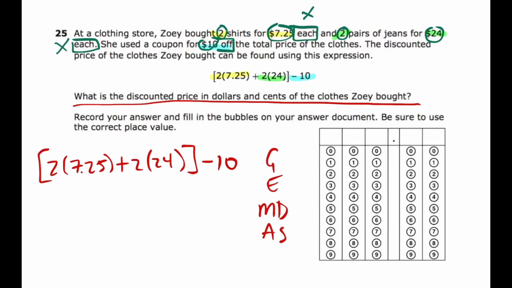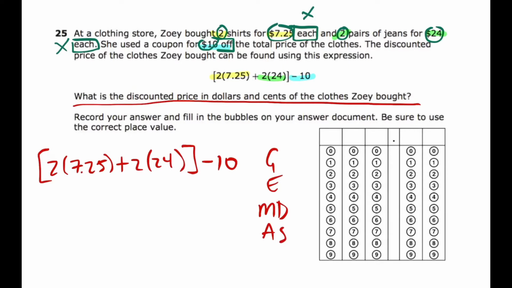So GEMDAS is I do groupings first. I have multiple groupings, parentheses, and brackets. And so as we've discussed in class, I do the innermost groupings first, and I have 2 inside. I have parentheses and parentheses, so they're the same rank, left to right.